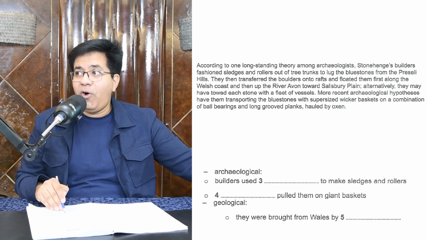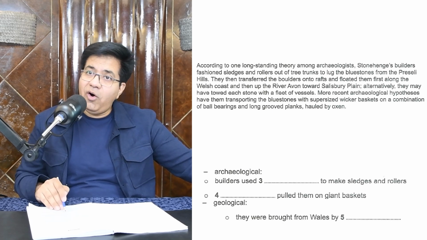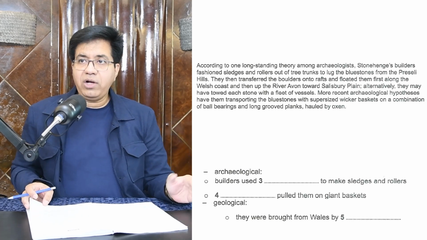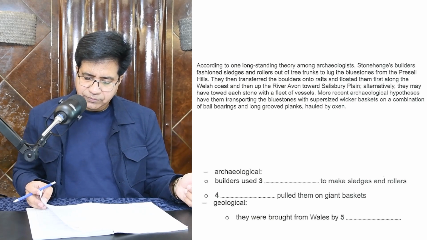Now what is the meaning of hauled? Pulled. Exactly. Pulled by, hauled by, and correct answer is oxen. Ox and oxen is plural. A pair of ox is called oxen.